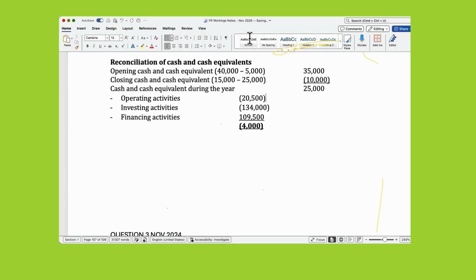Okay, sir. My question is not on this topic. It's on the last topic we did before statements of cash flows, that's interpretation of financial statements. There's a definition you gave us over trading. You said it occurs when an entity is doing too much too quickly with insufficient resources. So I don't really understand what you mean by doing too much.